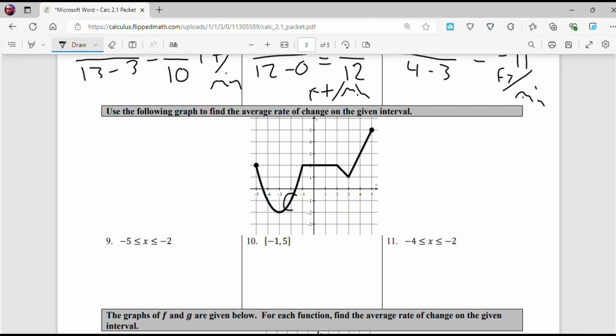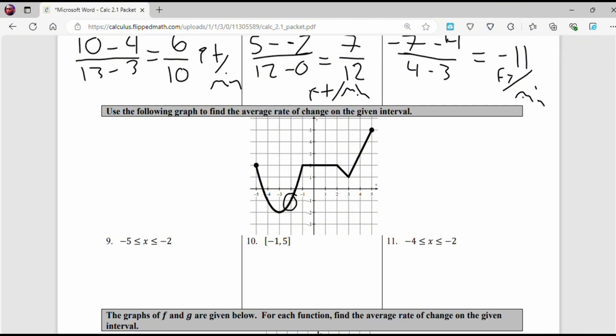Negative 2, we have negative 1, it looks like. So negative 1 minus function value negative 5 right here, which is 2. Negative 2 minus negative 5. Negative 3 over 3 equals negative 1. That one is pretty straightforward.